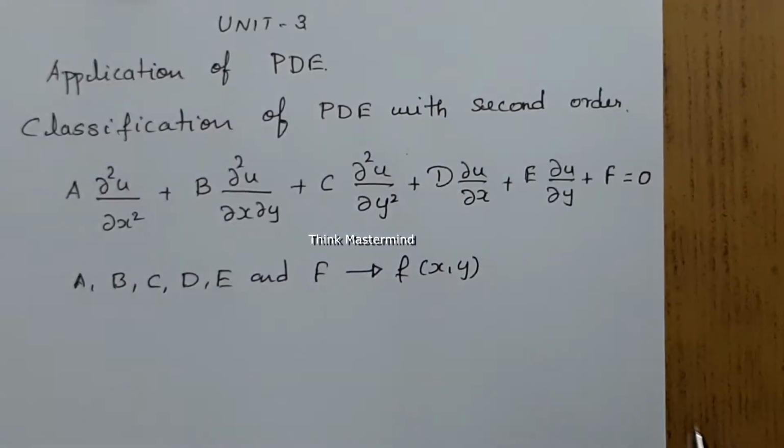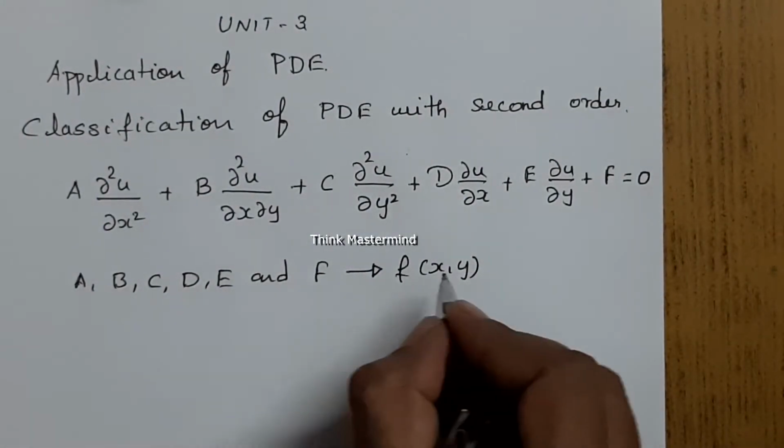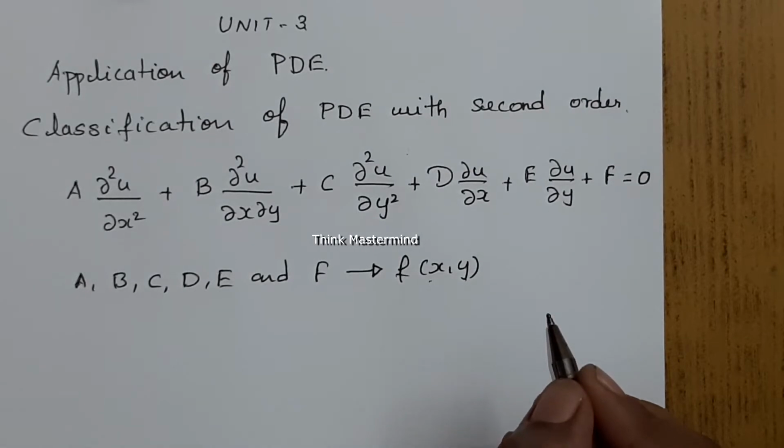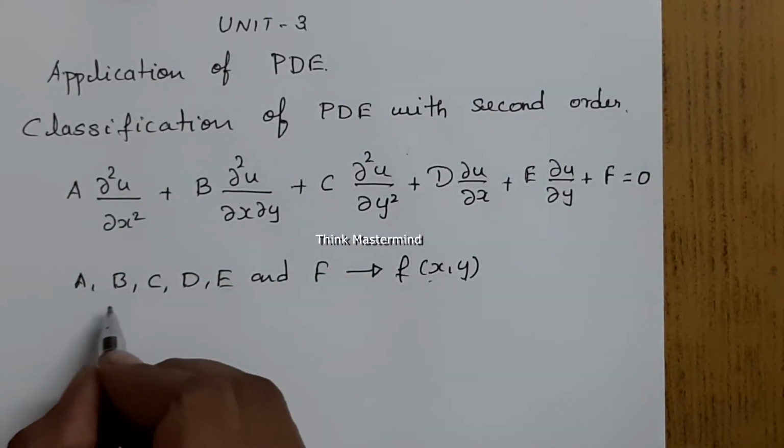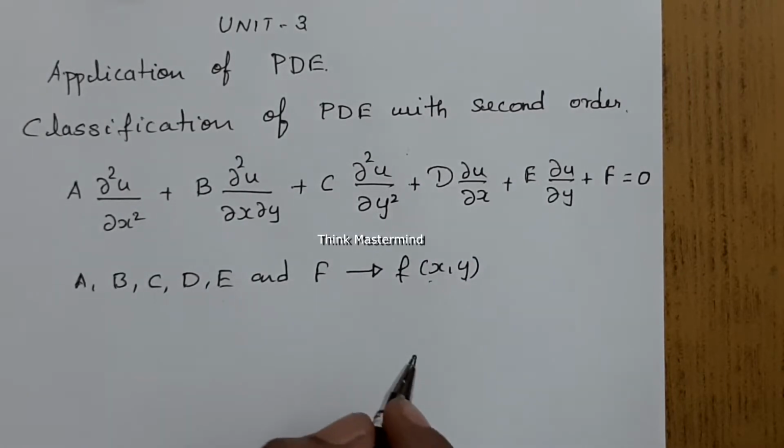Here we are considering a two variable function, that is x and y are independent variables. u is dependent on x and y.